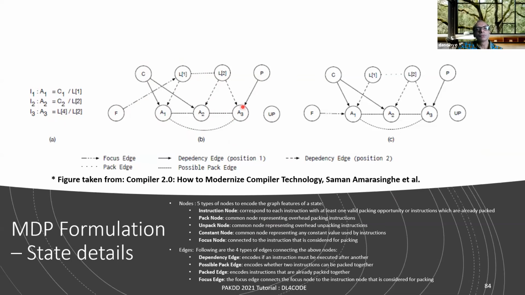There is also other information, such as your dependency edges, with respect to position 1, with respect to position 2, what your possible packs are. There is something called a focus edge, which means you start looking from that node onwards. It's an implementation detail which you'll find in the paper, but basically this is a slightly lower level view of what goes on inside your MDP state.